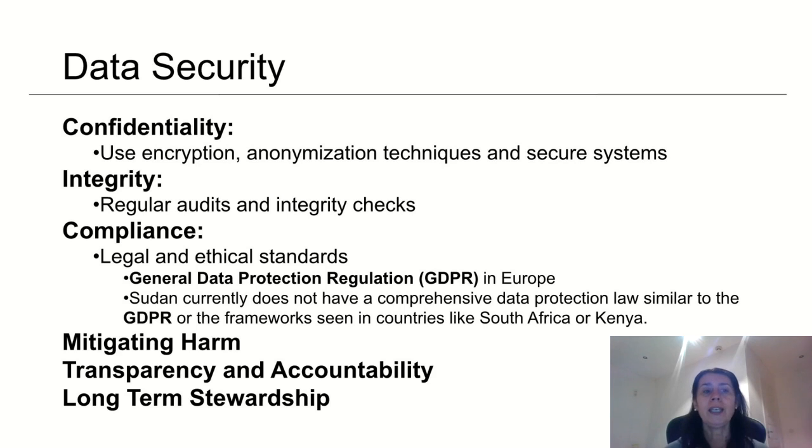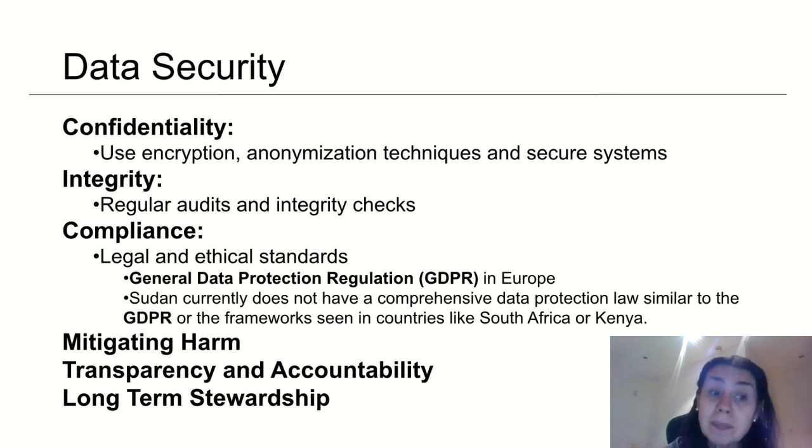Very important is to have integrity, and we could help to maintain the integrity by regular audits and integrity checks. We need to be compliant to the regulations, ethical regulations and legal standards. So in Europe, for example, we follow the General Data Protection Regulation, and we need to be aware of any changes happening in this set of rules.